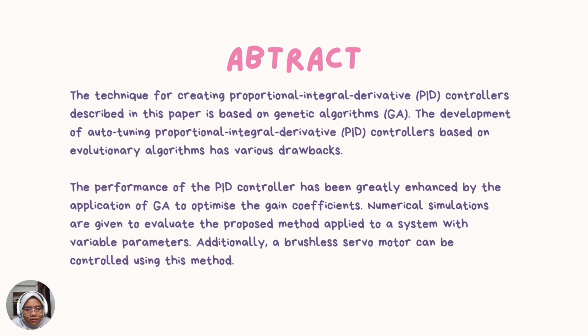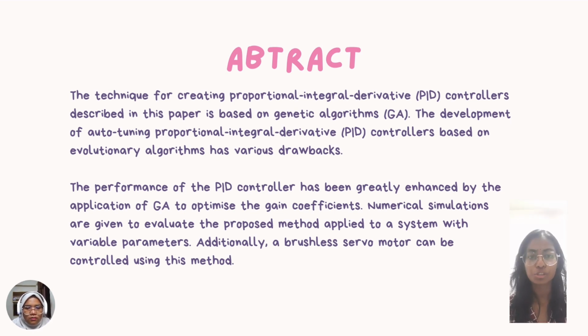The performance of the PID controller has been greatly enhanced by the application of GA to optimize the gain coefficient. Numerical simulations are given to evaluate the proposed method applied to a system with variable parameters.